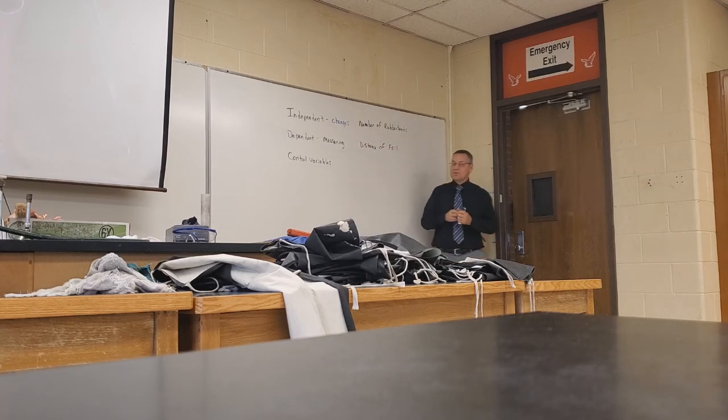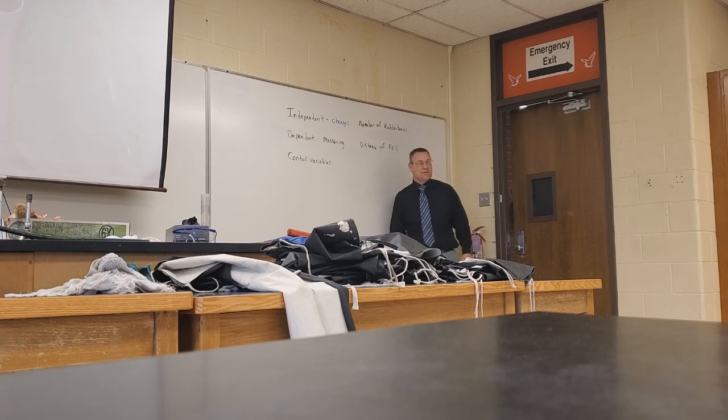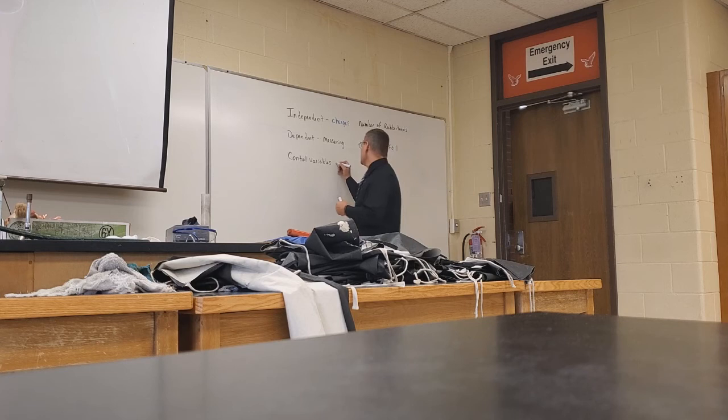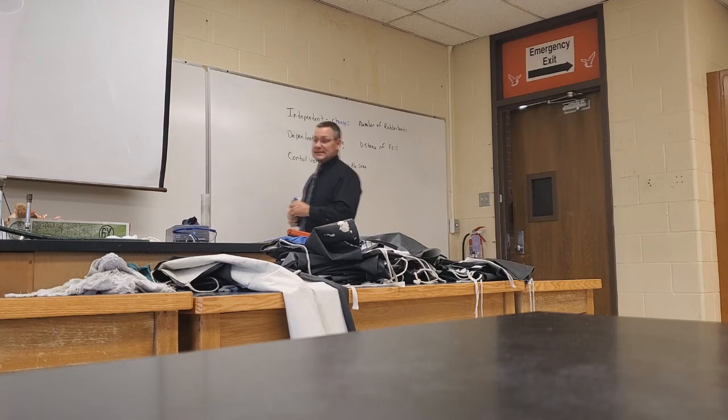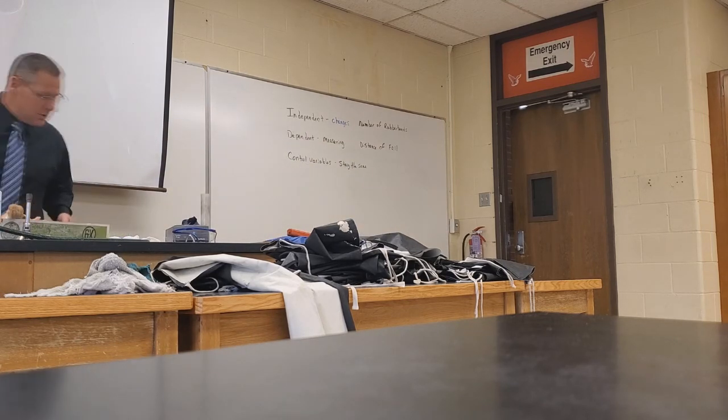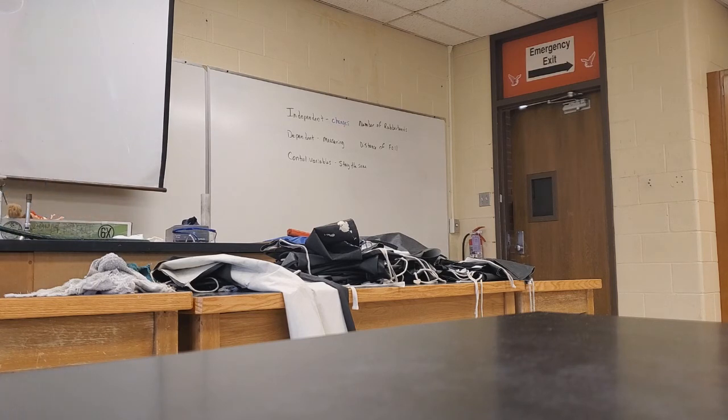Control variables are all the other things in the experiment that we have to keep the same for it to be a fair experiment. Okay, so these all stay the same. So, an example. If I were using rubber bands, would it be a smart idea to use some short, skinny rubber bands and some real long, fat rubber bands and some short, fat rubber bands?